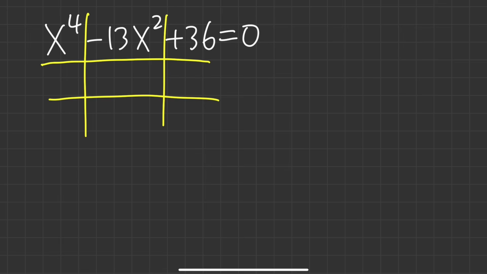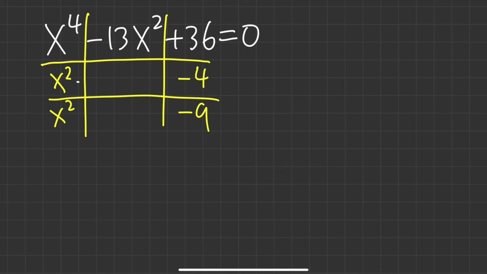Because we know x squared times x squared gives us x to the fourth power. Now to get 36, what times what will give us 36? We can use negative 3 times negative 12 or negative 6 times negative 6, all that, right? But we should think about how to produce negative 13 when we add up the numbers right here. So the correct combination that we'll use is minus 4 and minus 9. Put them down and check.